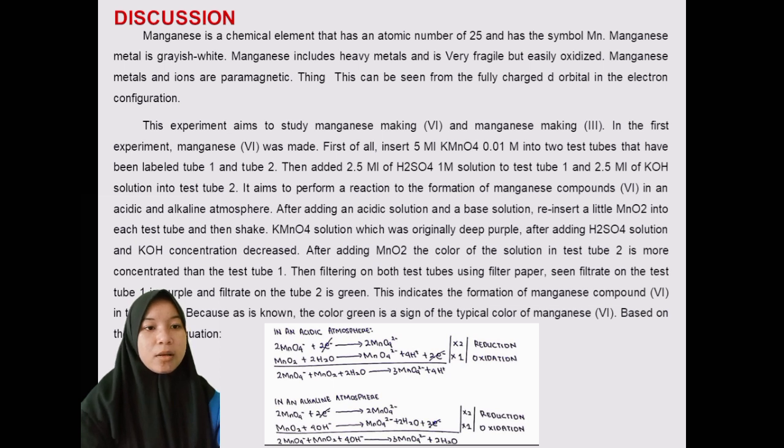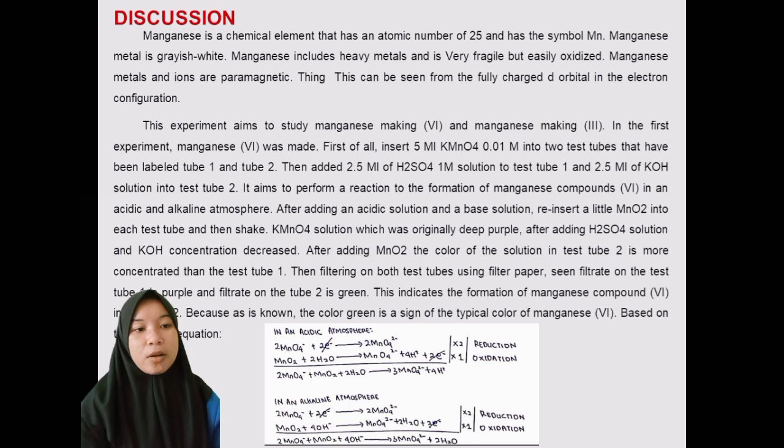Then filtering both test tubes using filter paper, the filtrate in test tube 1 is purple and the filtrate in tube 2 is green. This indicates the formation of manganese compound in test tube 2, because green is the typical color of manganese 6 based on the reaction equation.